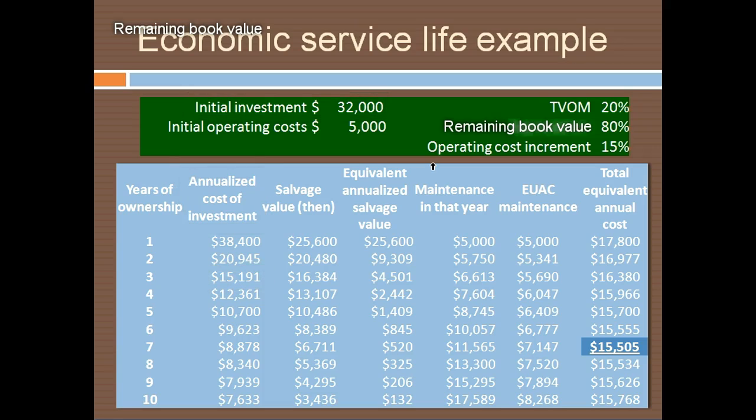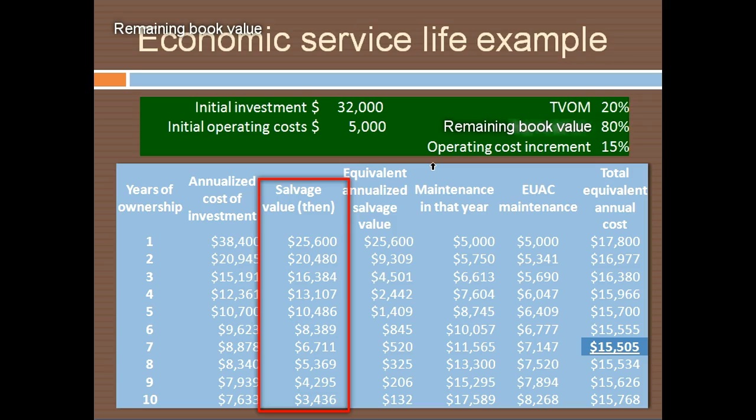If this item we invested in was $32,000, then the salvage value that we can get at the end of 1 year is 80% of the original investment, which out of 32,000 is 25,600. 80% of 25,600 is 20,480. 80% of 20,480 is 16,384, and so on and so forth.